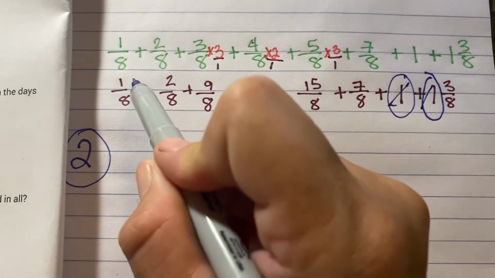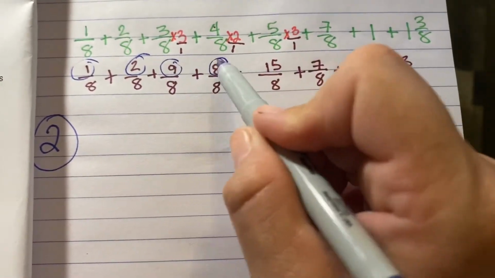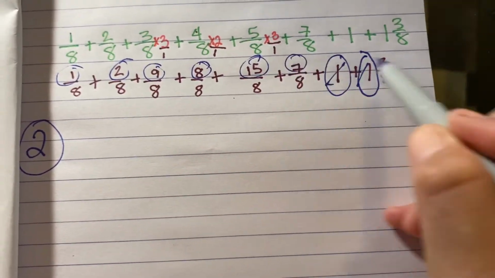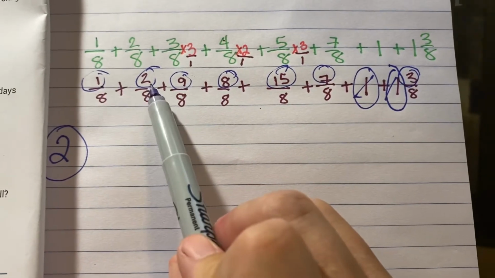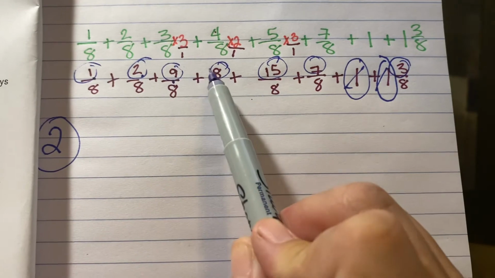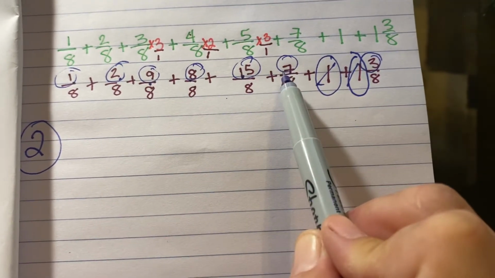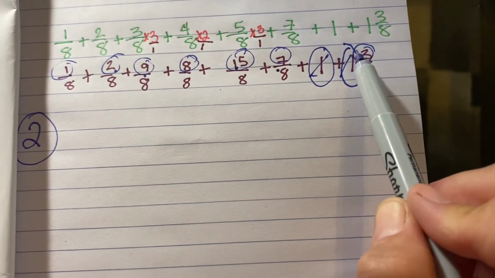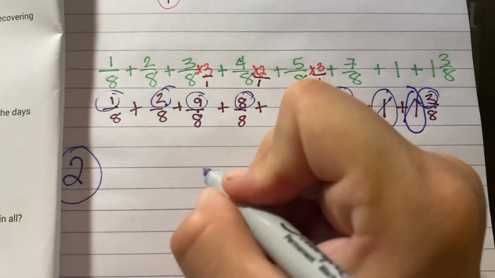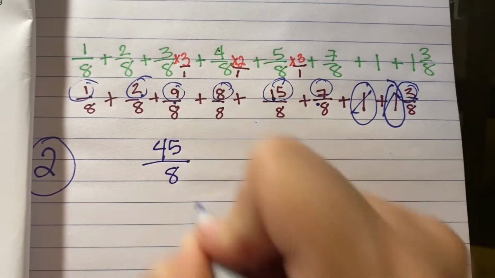So we're going to add 1, 2, 9, 8, 15, 7, and 3. 1 plus 2 is 3, plus 9 is 12, plus 8 is 20, 35, 42, 45. We have 45 over 8.